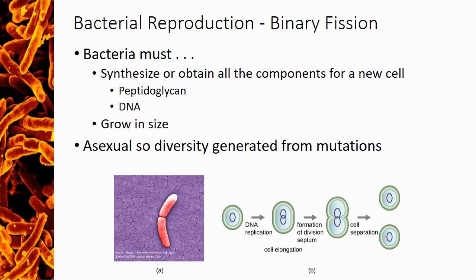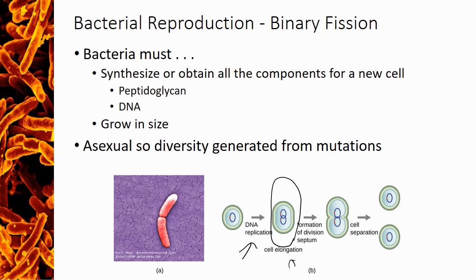The first is DNA replication, where both the chromosome and any plasmid DNA that are in the cell are going to replicate, so there's two copies. The second stage is going to be cell elongation, where the cell itself is going to start to get bigger.